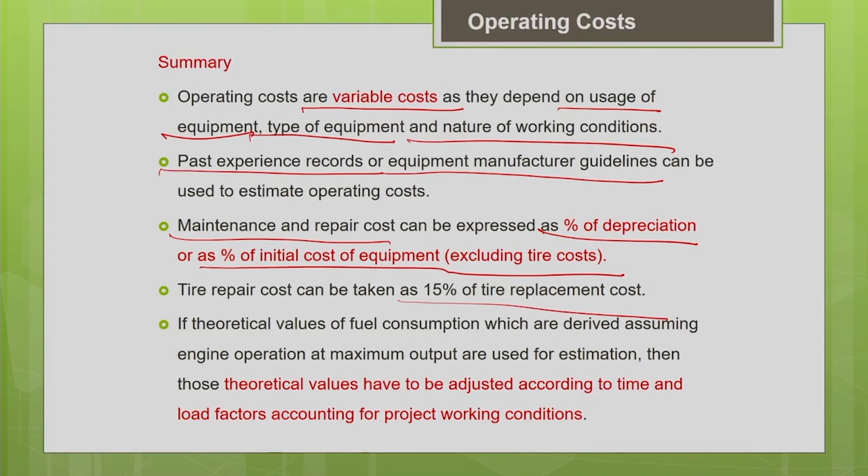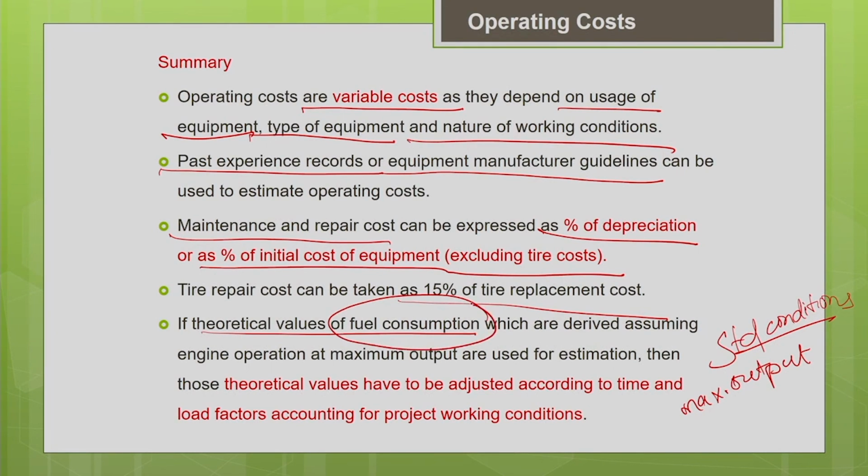And another important thing to be kept in mind is if you are going to use the theoretical values of fuel consumption from some literature. For the particular type of machine you have chosen, the fuel consumption factor from a literature is derived based on standard conditions or maximum output rate. So when the fuel consumption factors given in the literature are based on standard conditions where the machine is working at the maximum output rate, then you are supposed to adjust those fuel consumption factors according to your project condition.